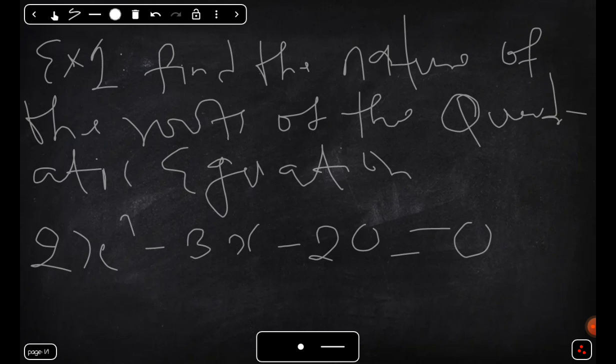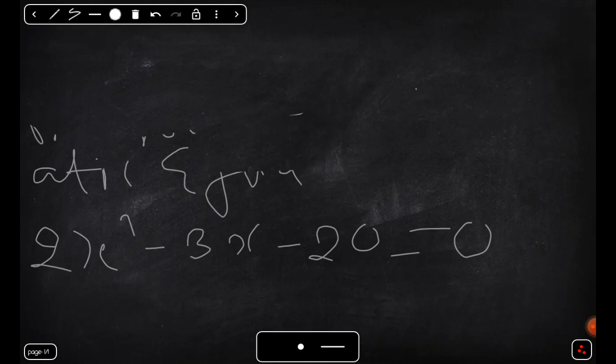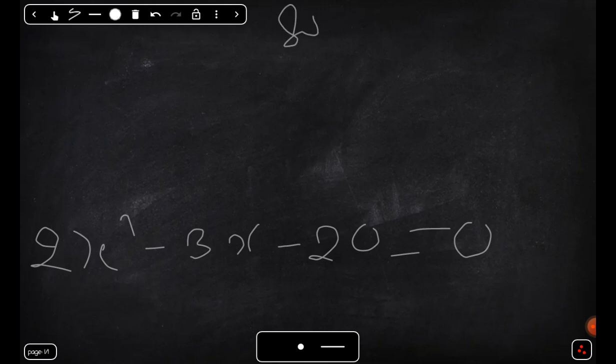Now let's solve this problem. So the problem says find the nature of the roots. The quadratic equation always has two roots, but now we want to see how to find the nature of the roots. So let's solve the problem.